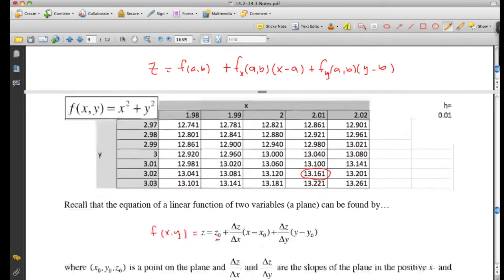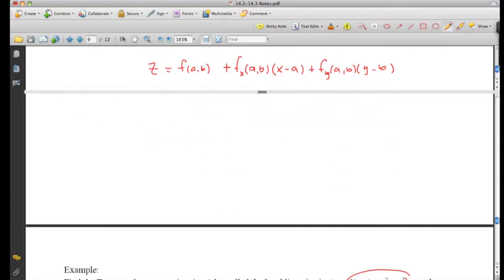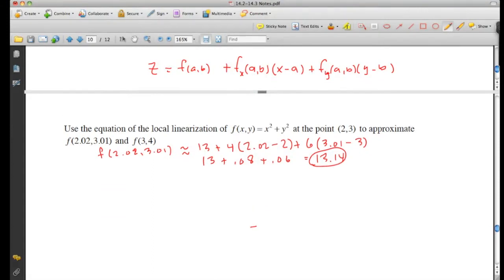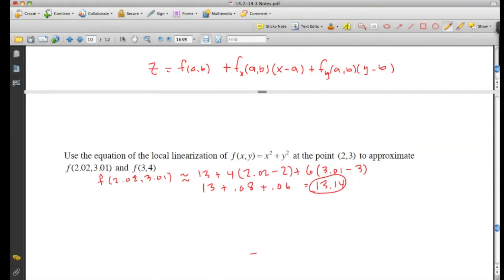Now the other part of this says, let's do the same thing, but let's approximate the value of the function at 3,4. So if we do that same thing with 3,4, f of 3,4 is approximately equal to 13 plus 4 times 3 minus 2 plus 6 times 4 minus 3.